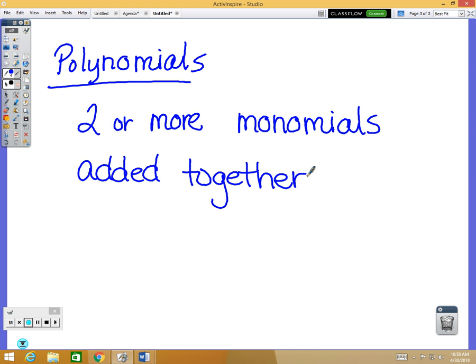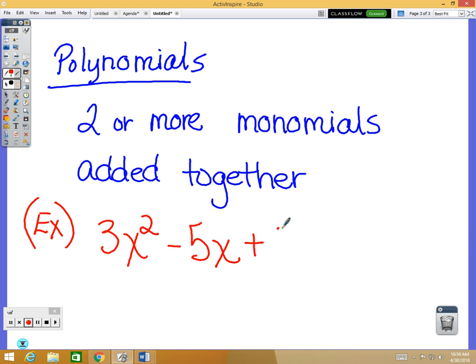Two or more monomials added together. For example, 3x to the second power minus 5x plus 2.